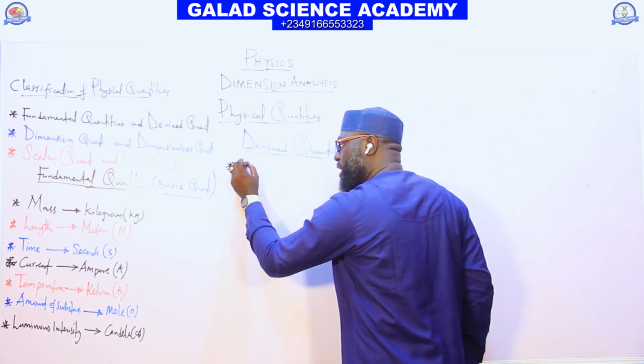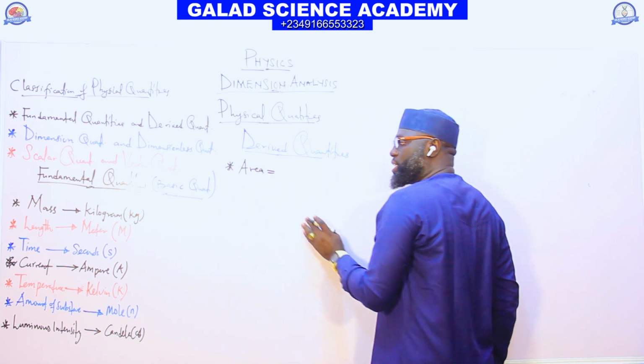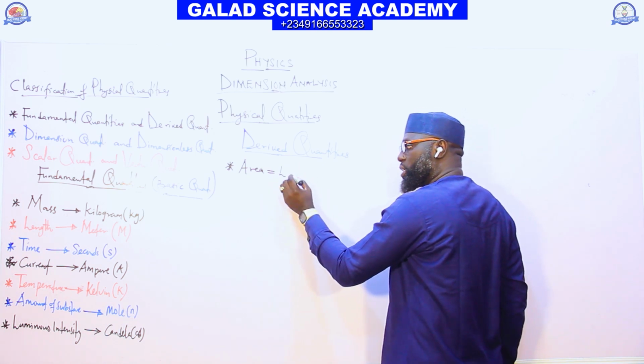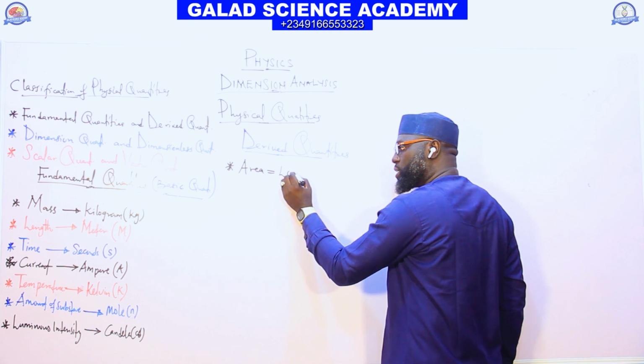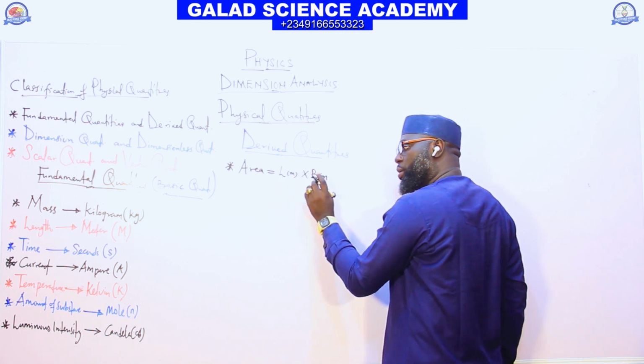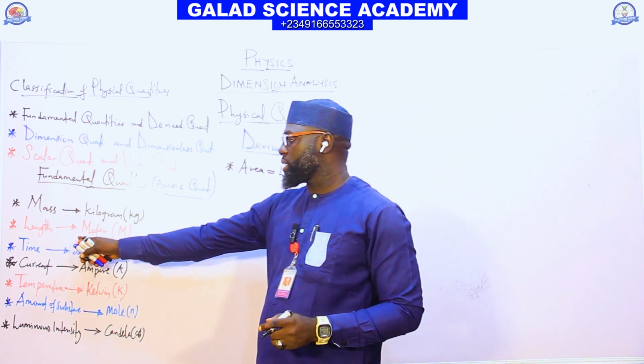So the example of this derived quantity, we have area. Area is equal to length times breadth. The unit for length is meter, multiplied by breadth. Unit for breadth is also meter. The length and breadth, they are under length.